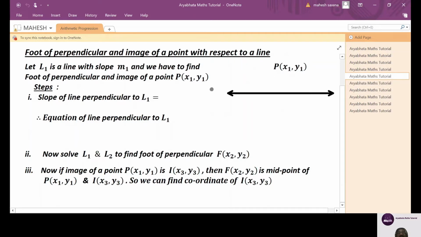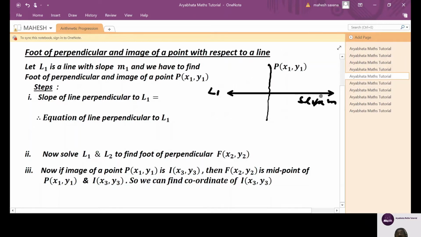Let this line be L1 and its slope be m. Suppose there is a point P whose coordinates are x1, y1. In this method, the first step is to draw a line perpendicular to L1 from x1, y1.